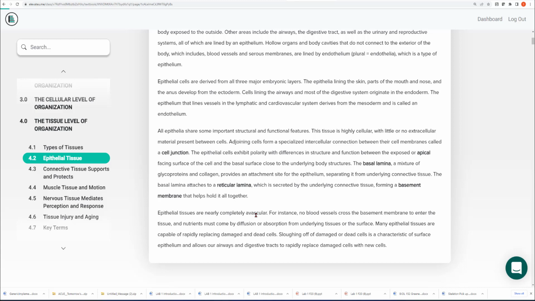Now, in the lab, I believe it was described that epithelial tissues are completely avascular, and that is more true than not. Okay. And finally, epithelial tissues are constantly replacing themselves. They have a very high turnover, they have a relatively short life cycle, and they are completing mitosis faster than most other cells.